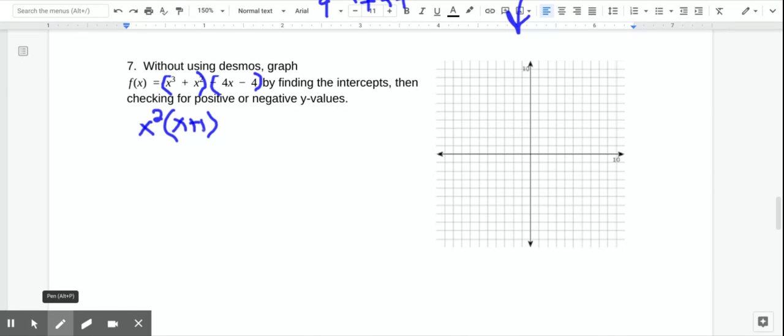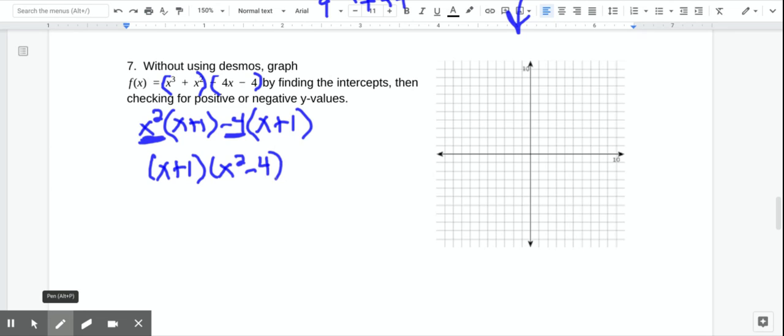And then out of the second group, I can factor out a negative 4, which leaves us with x plus 1. Now, both of those terms have an x plus 1, so I'm going to factor out the x plus 1, and that leaves us with x squared minus 4. That's the other factor.